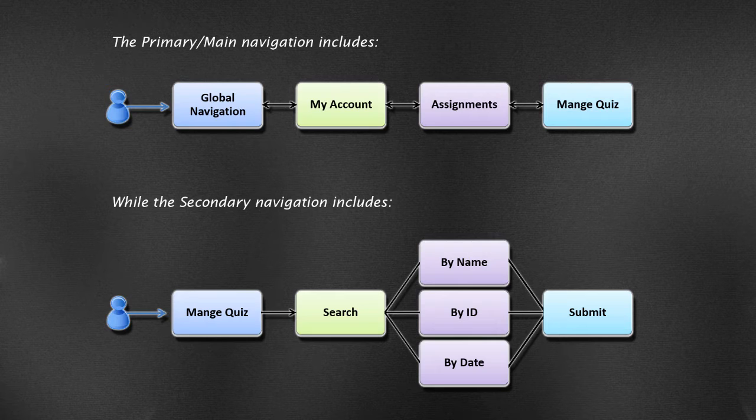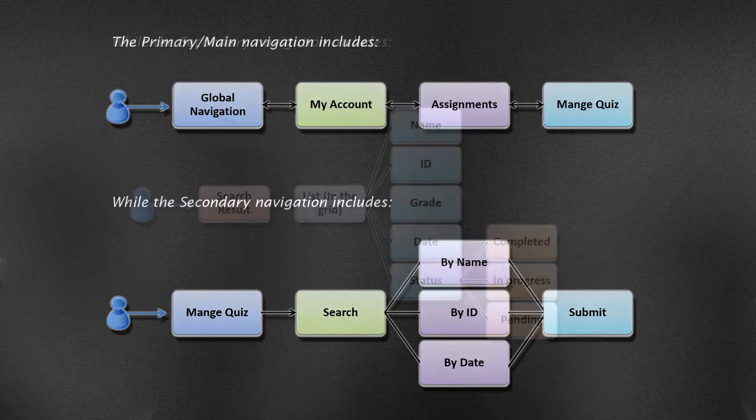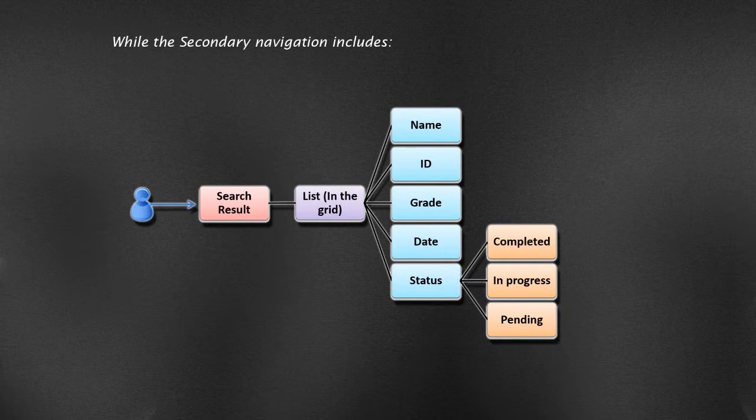Once I hit Manage Quiz, I get another page containing search by name, search by ID, search by date, then I can submit. Once I submit, I get the result, which includes the student's name, ID, grade, date, and the status: completed, in progress, or pending. This is pretty much the task I have for this sprint.